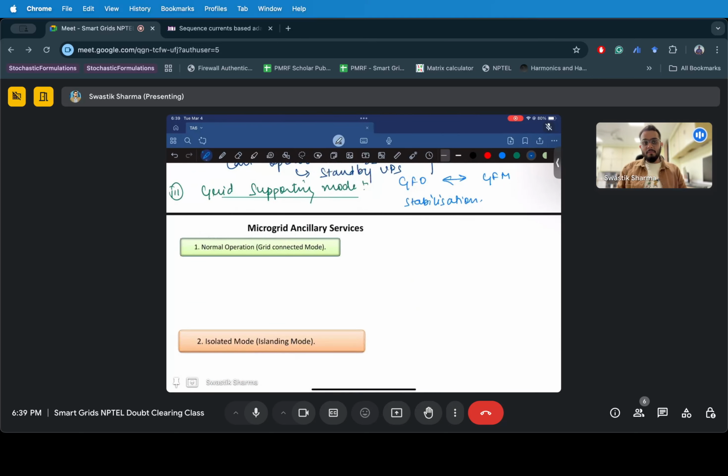There are some ancillary services that these microgrids can provide, right? As I told you, since they are inverter based resources, we can provide frequency and voltage support. We'll talk about this next week. Just bear with me, this will be studied extensively. The PF droop control, then QV droop control, everything will be studied in depth in the next class.